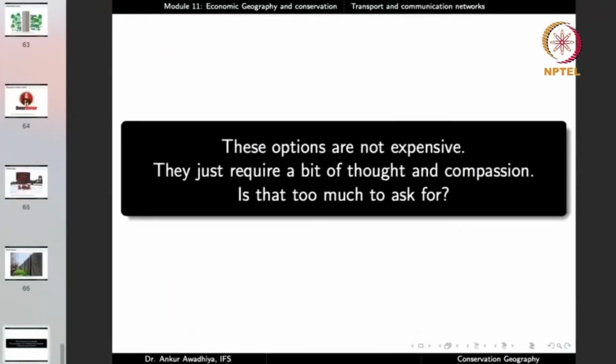And none of these options are expensive. These options are very inexpensive. They just require a bit of thought and compassion, nothing else. Is that too much to ask for? So basically, if you look at economic geography, you'll find that we always talk about the means of transportation and communication, but we hardly ever talk about their impacts on biodiversity or the mitigation measures that are required.